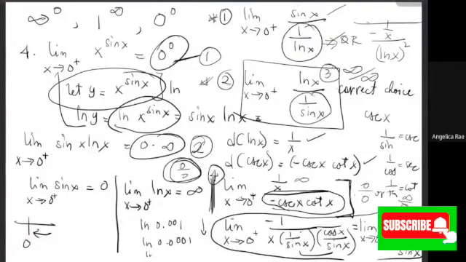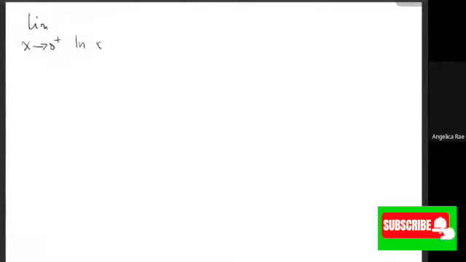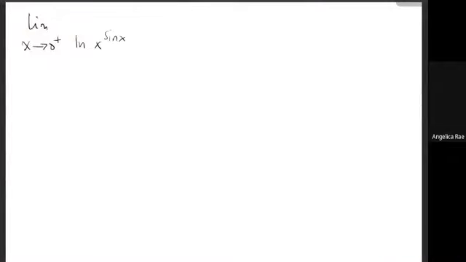Of x, alam natin 0 yan. Kaya lang, nag-y tayo. So, meron na tayo ngayong 0. So, get the e of both sides. Y, therefore, is e to the 0. And the answer is 1.